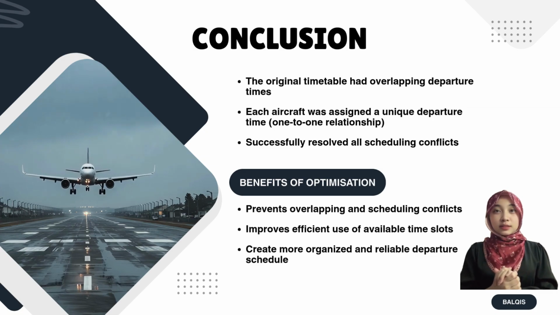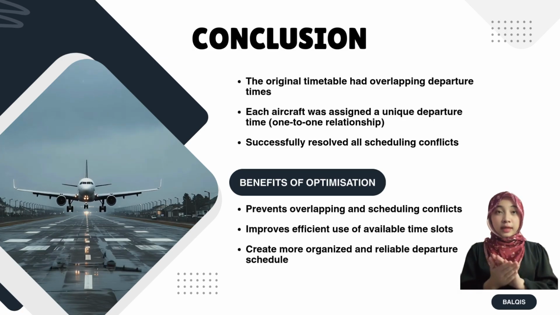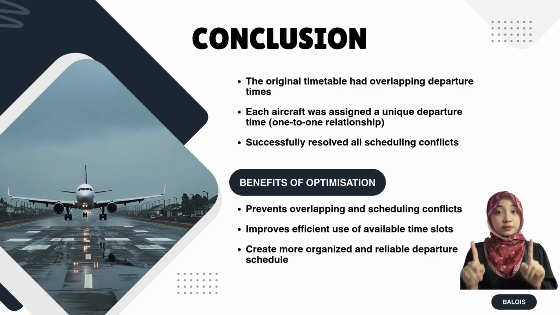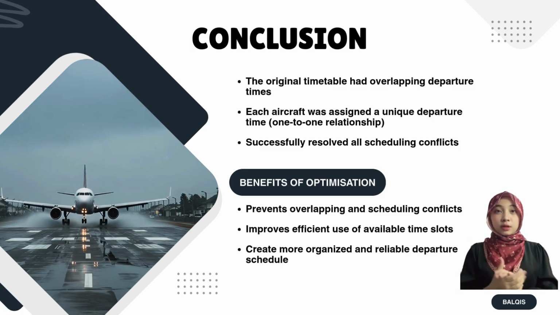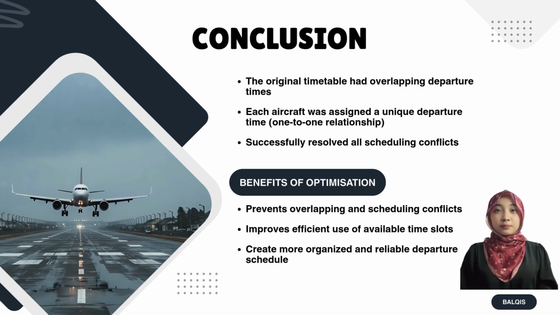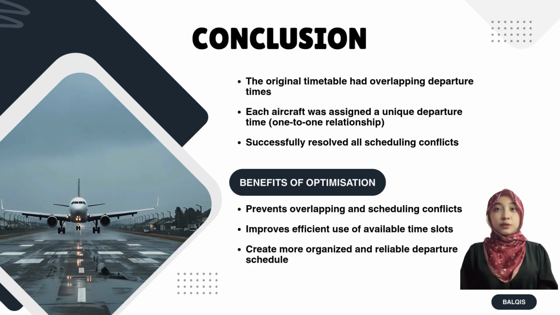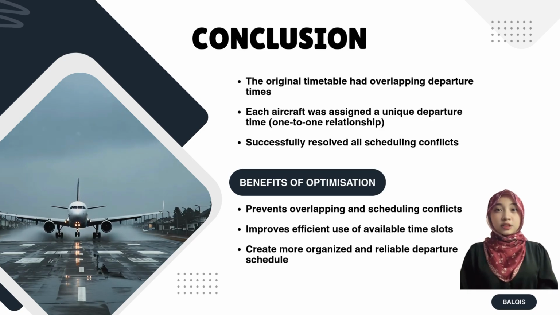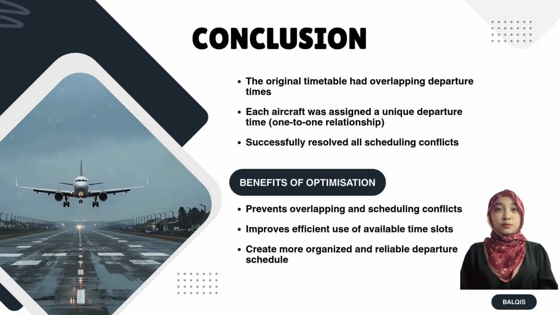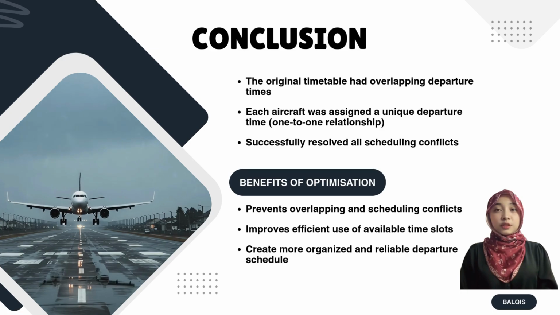In conclusion, this study shows that the original departure timetable contained overlapping times, even though the aircraft had different destinations. This overlap caused scheduling conflicts and reduced operational efficiency. By applying optimization techniques based on graph theory, specifically using a bipartite graph and an adjacency matrix implemented with Google OR tools in Python, all conflicts were successfully resolved.